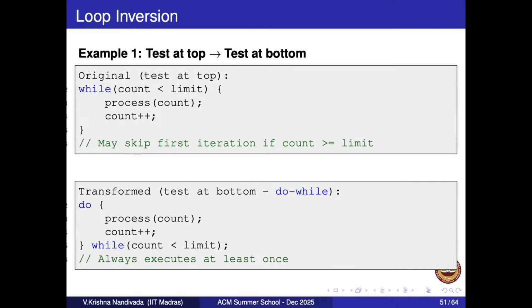If count less than limit, do process count, count plus plus, while count less than limit. Correct? The reason I don't want the if inside is that it will be more expensive. Now count is checked only once and then the rest is the same. So this is equivalent to the while loop.